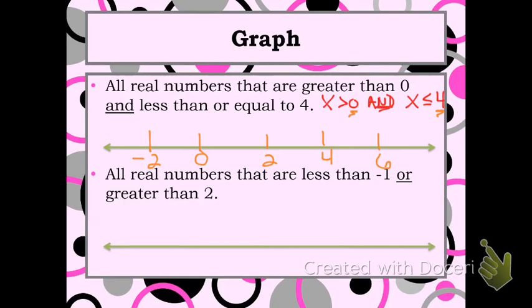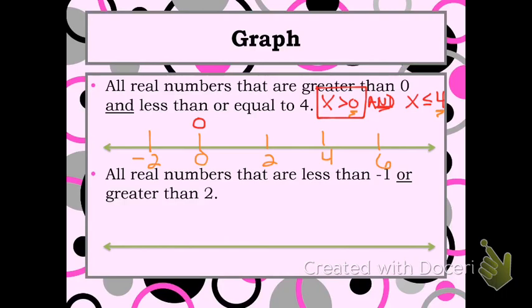Let's first focus on x is greater than 0. I'm not going to put my final answer on the number line yet, but right above the number line I'll show my work. So x is greater than 0. It's a strictly greater than sign, which means 0 is not a solution, so that's an open circle.